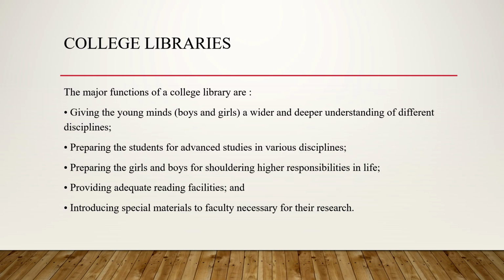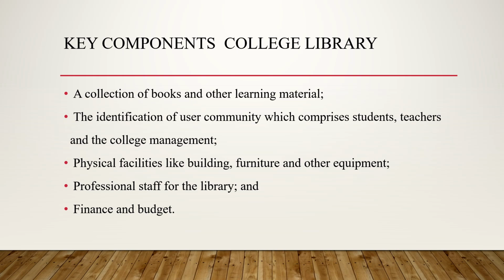Every successful college library requires five important components. Firstly, a good collection of books, journals, and learning resources. Secondly, a clearly identified user community, including students, teachers, and management.